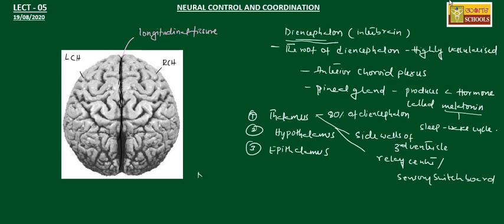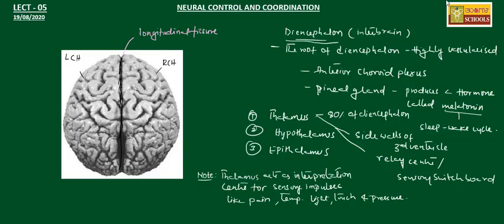Let me just mention here: the thalamus acts as an interpretation center for sensory impulses, like pain, temperature, light, touch, and pressure.